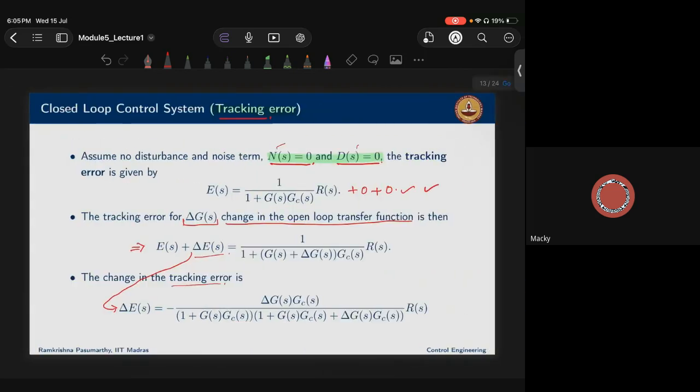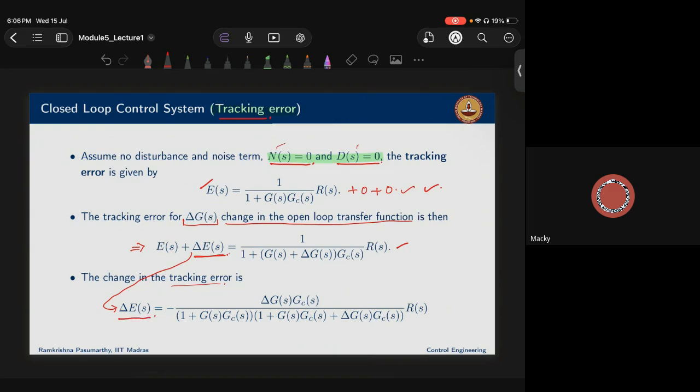Both other terms are zeros. Again, when there is a change in the plant transfer function, there will be a change in the error also. We call that delta E of s. So add delta E of s with the tracking error, and you have this final expression. From there you can find delta E of s.